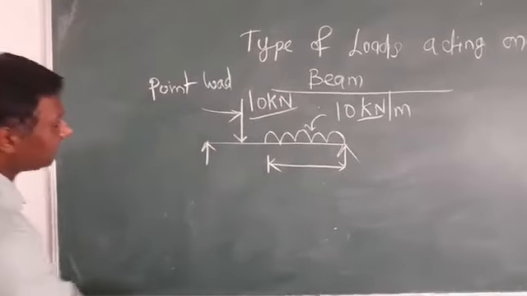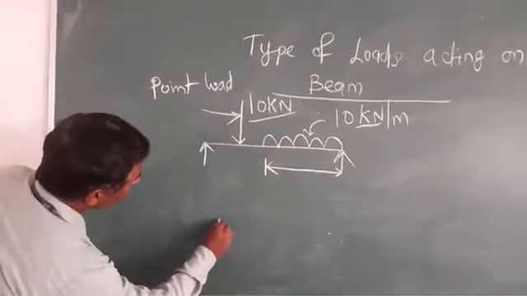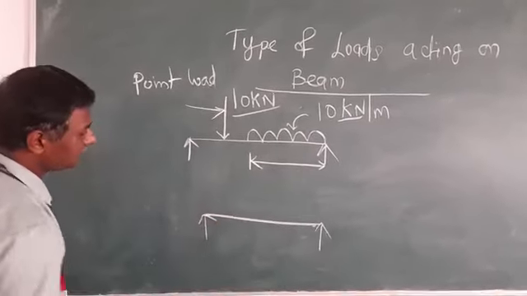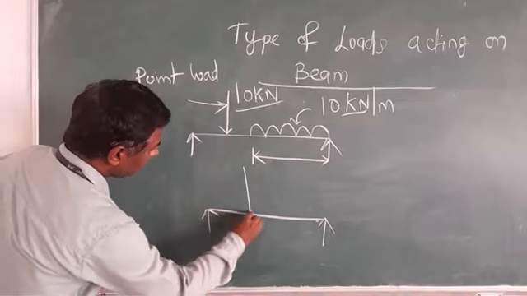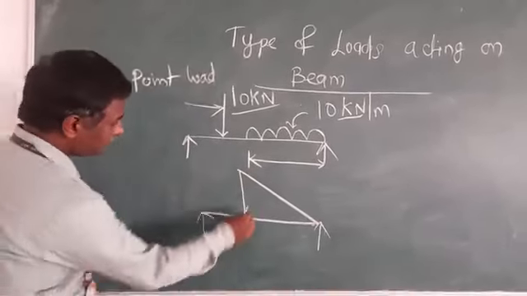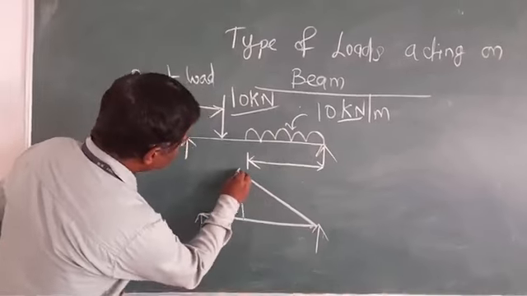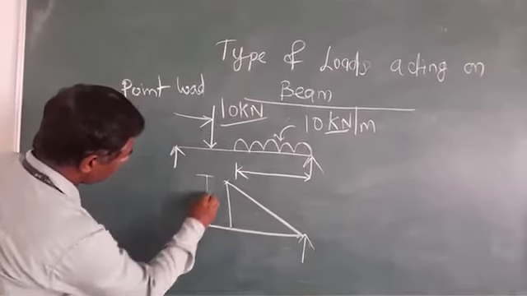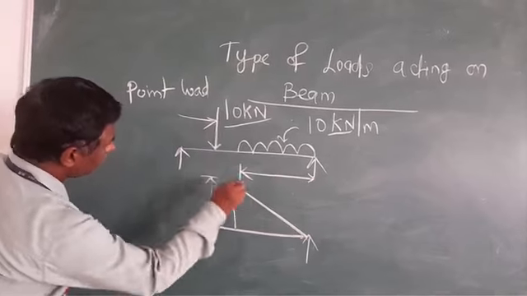And what about the uniformly varying load? The uniformly varying load is drawn like a triangle. Here, the variation is from this point to this point, and the height is given as the load.